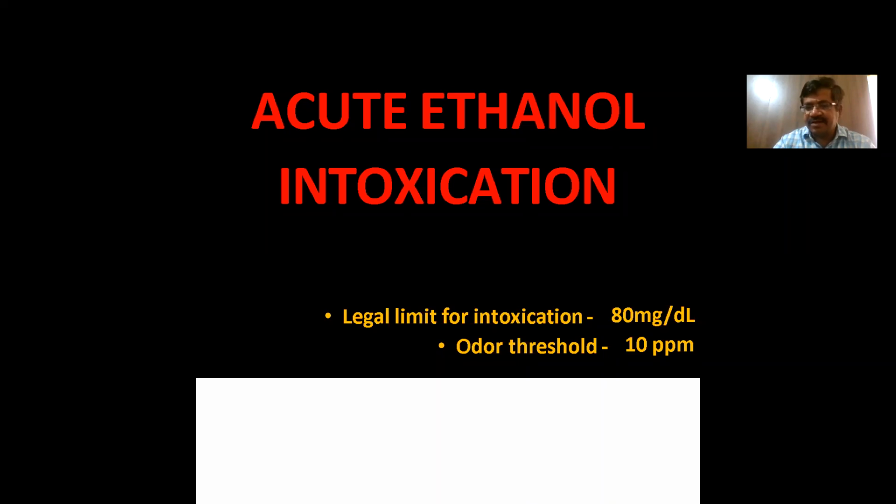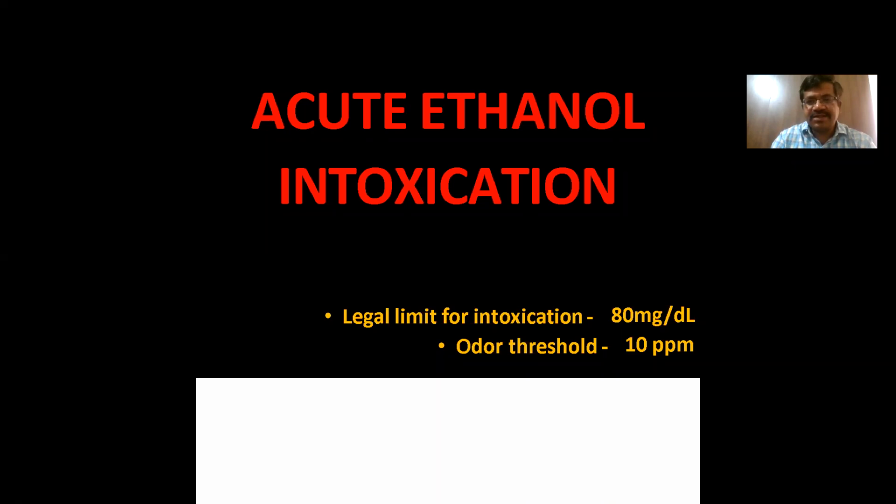You can see this especially during traffic police testing, where we blow into the meter. They test for any alcoholic content in the breath. Anything above 10 ppm, or a blood concentration of alcohol more than 80 mg per deciliter, we call excessive consumption of alcohol.